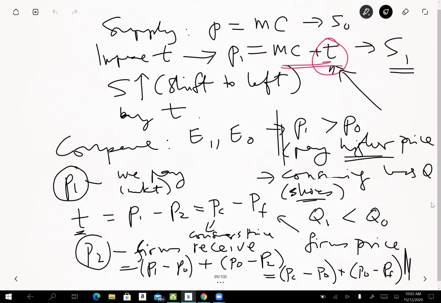That means at the price equal to 100, what is the quantity?